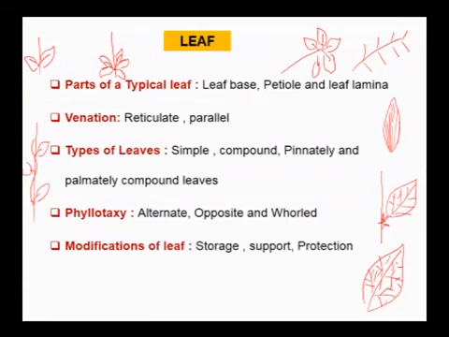whorled phyllotaxy. The main function of the leaf is to prepare food by photosynthesis, but apart from that, the leaves are modified for various purposes. According to the syllabus, the leaf modified for propagation is the leaf bud. The leaf modified for protection, as well as to conserve water in xerophytes, is the spines.